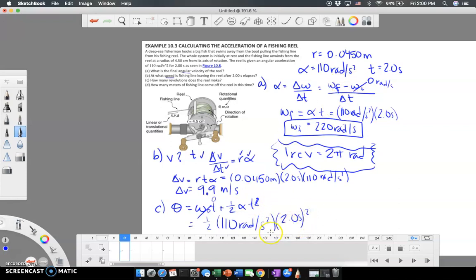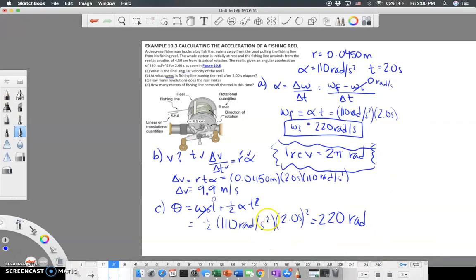So if you go 1/2 times 110 times 2 squared, that will give you 220 radians per, or I'm sorry, just radians, because our seconds cross out here.